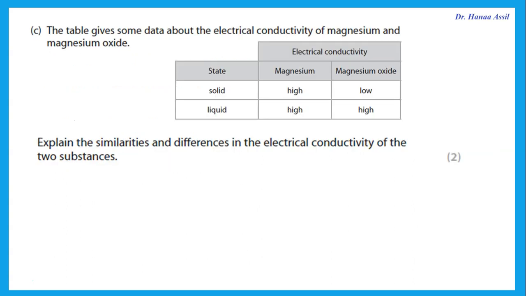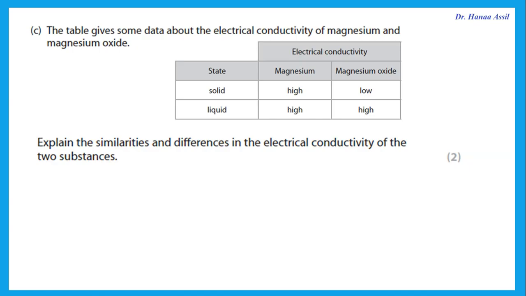The table gives some data about the electrical conductivity of magnesium and magnesium oxide. Explain the similarities and differences in the electrical conductivity of the two substances. Okay, magnesium is a metal, and you should know that metals conduct electricity, both solid and liquid.